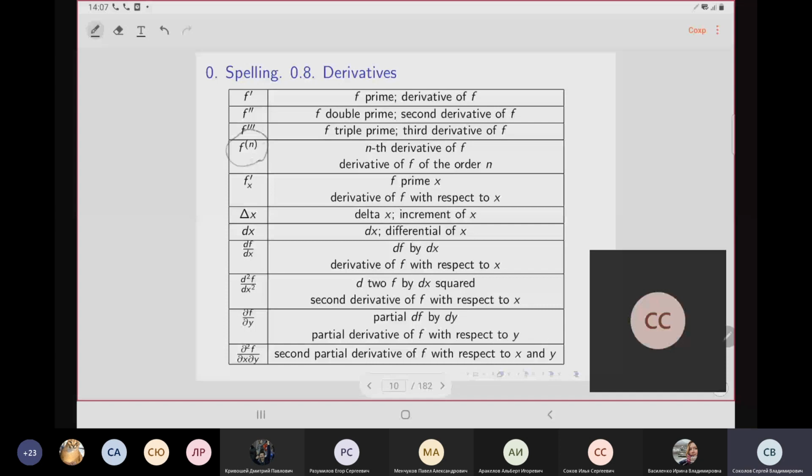Partial derivative df by dy, or partial derivative of f with respect to y. And the same with the second partial derivatives. Second partial derivative of f with respect to x and y.